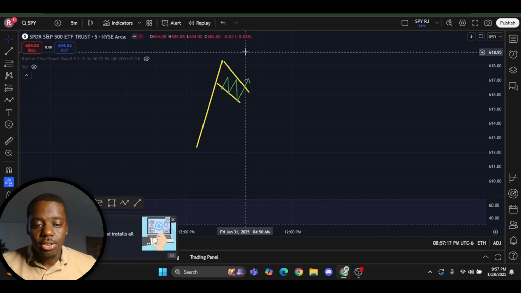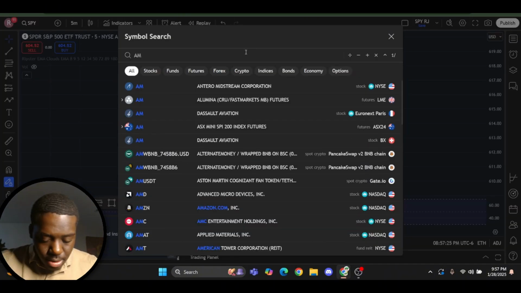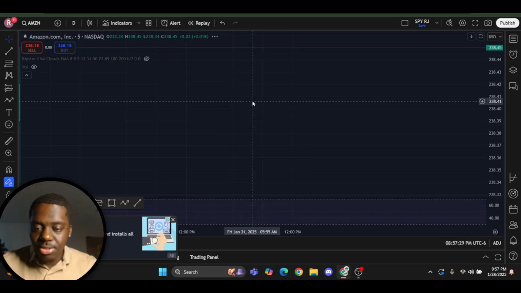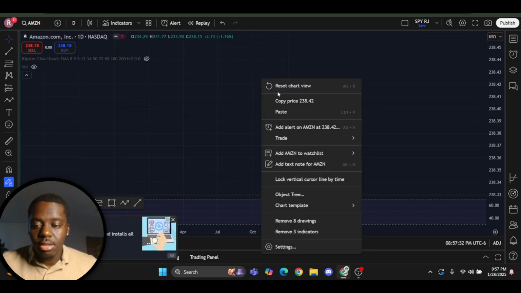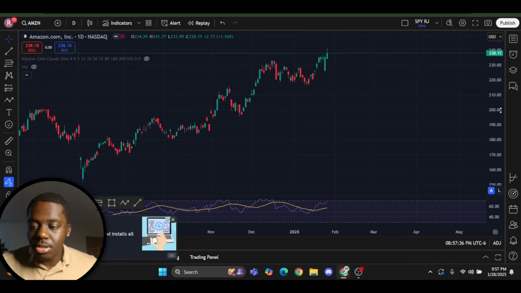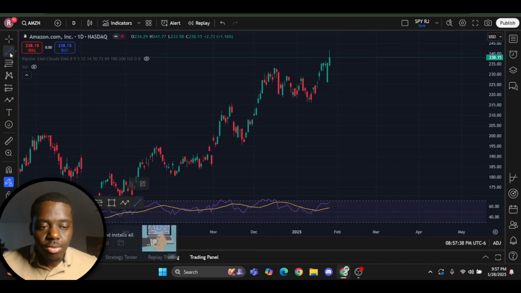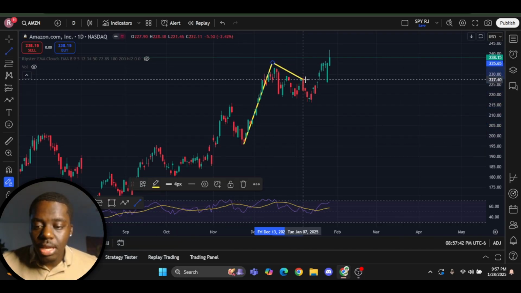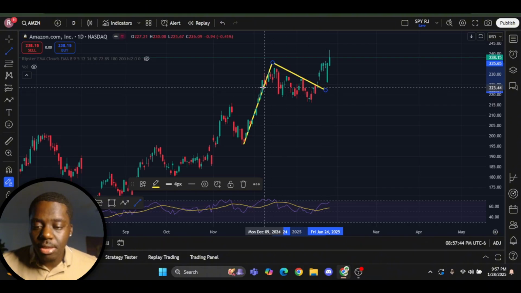I'm going to show you an example of me using the bull flag on Amazon. I actually used this chart pattern on Amazon to make money. As you can see here, what do we say that you need? You need a run up and you need a pullback.